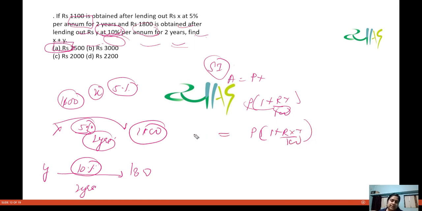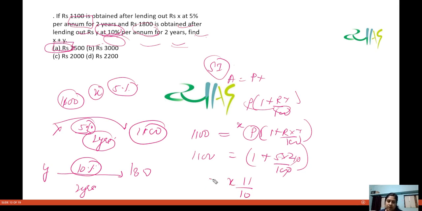Because this is simple interest, 1100 equals X times that. Here R is 5 and T is 2, so this is 100, and this becomes 10, so this and this will cancel. 11 by 10 is equal to X. So this becomes 1000. X becomes 1000 for us. See, it was very apparent to me that this X is 1000. I'll tell you how.